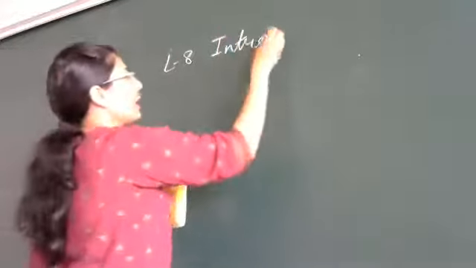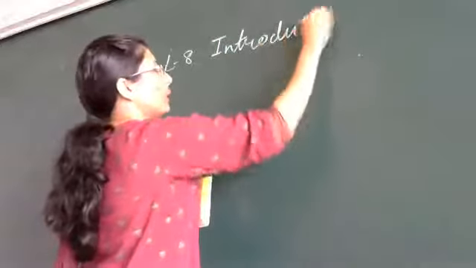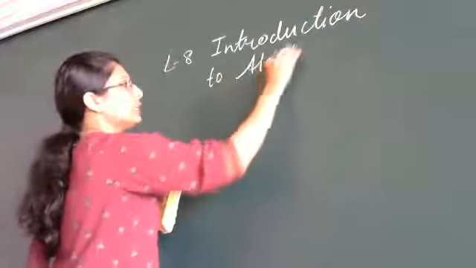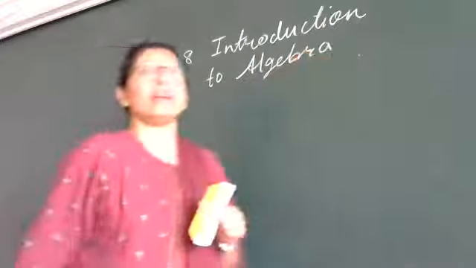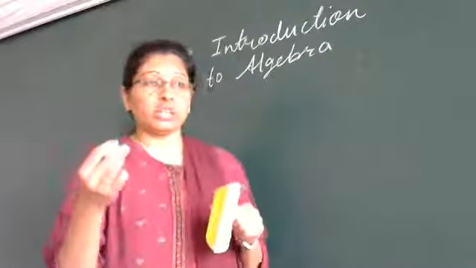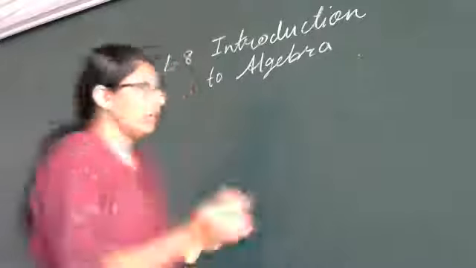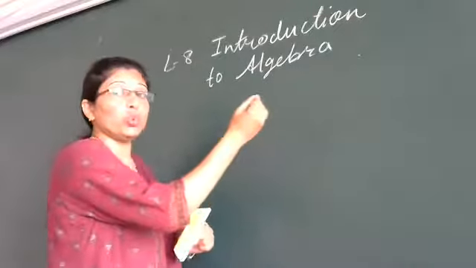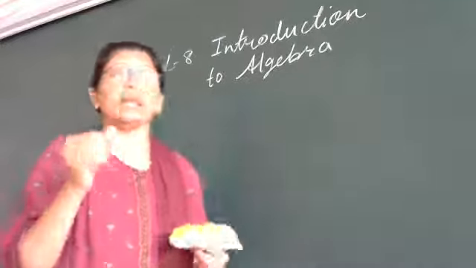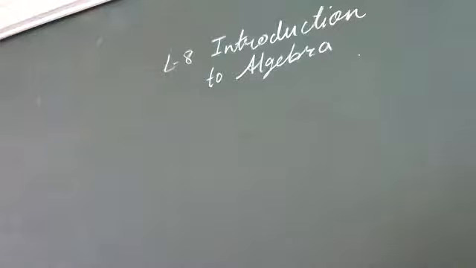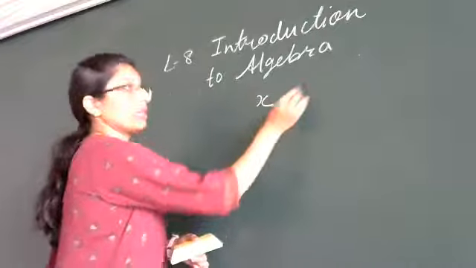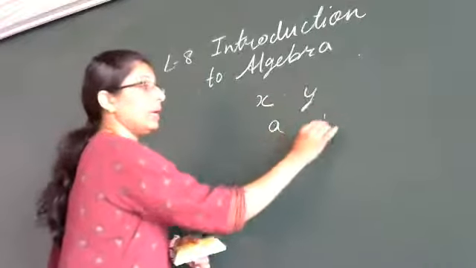It is one branch of mathematics which deals with numbers and letters also. In this we are having expressions, equations, and we have to use not only numbers. In arithmetic mostly we use only numbers, but here in algebra we have to use letters also, means x, y, a, b.